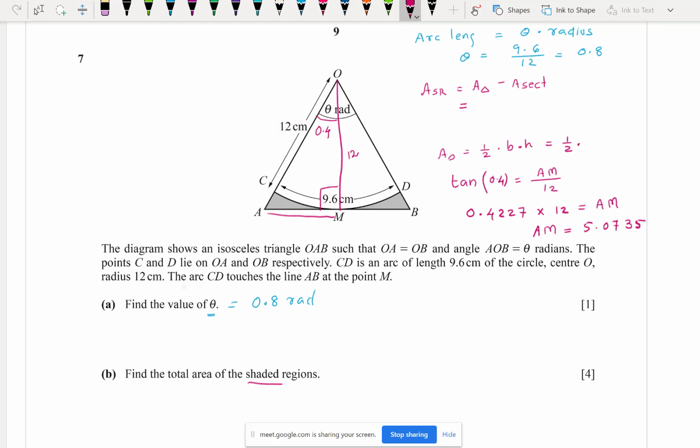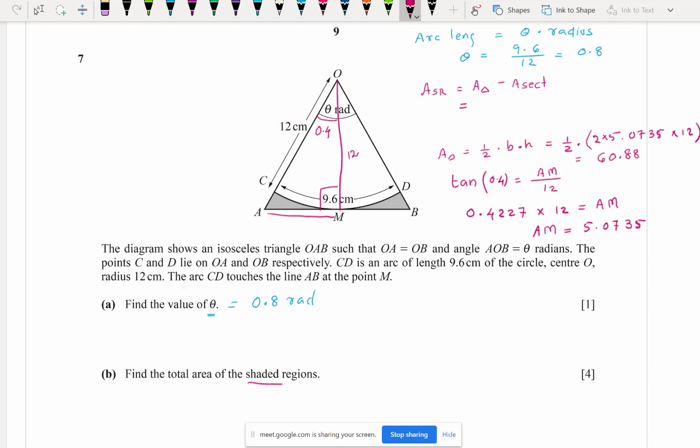Base is not 5.07. It's 2 times 5.0735. Correct? Now what is height? Height is 12. Let me use my calculator, Amrita. Area of the triangle will be simplified as 60.88.